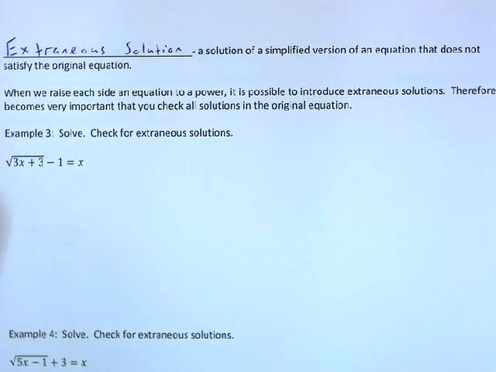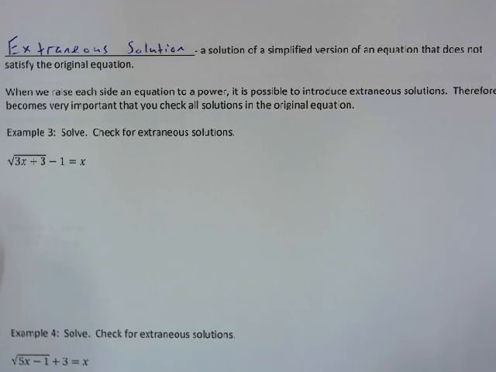All right, so an extraneous solution is basically an answer you get that does not work in your equation. Okay. Now, like it says here, when we raise each side of an equation to a power, it is possible to introduce an extraneous solution. Therefore, it becomes very important that you check all solutions in the original equation.